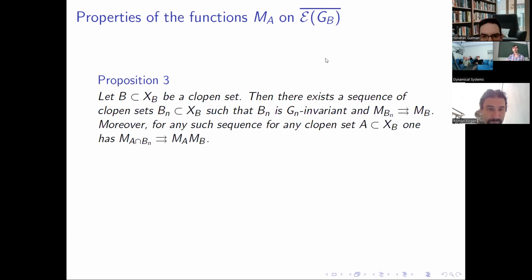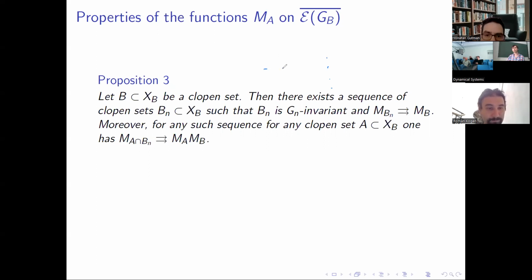Let me briefly comment on what this condition of Gn invariance means. It means that our set Bn is a union of cylinders of level n.